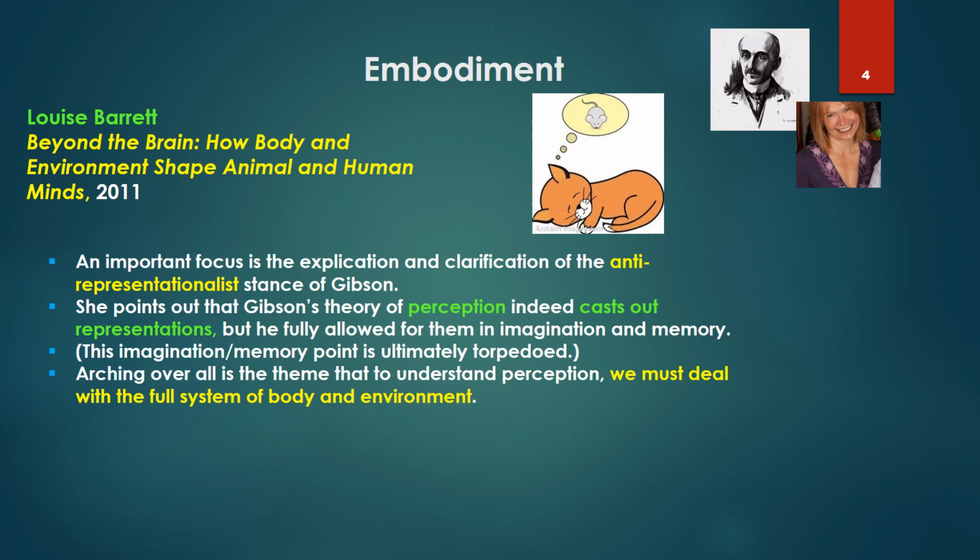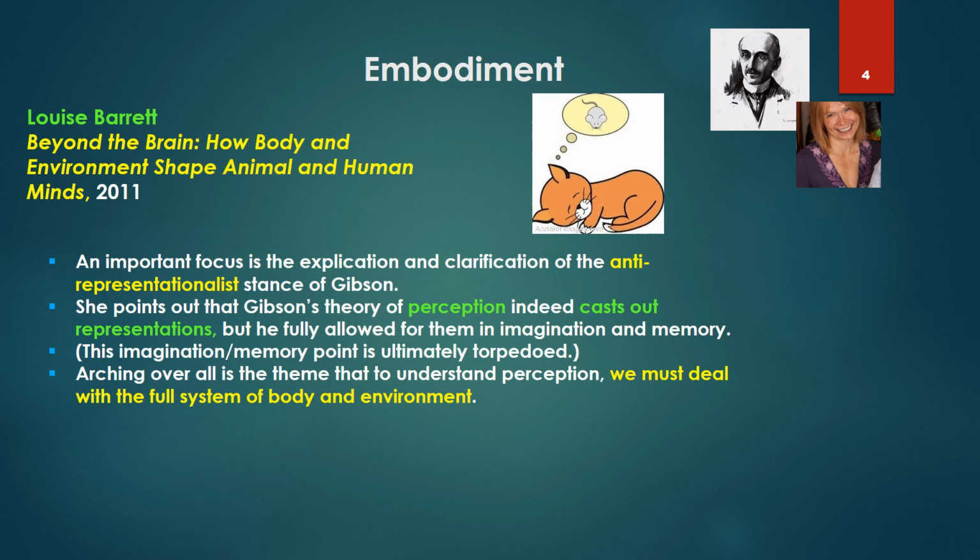So an important focus for Louise is the explication and clarification of the anti-representationalist stance of Gibson. She points out that Gibson's theory of perception indeed cast out representations, that is, any notion of a model of the internal world or little chunks of models or whatever inside the brain.